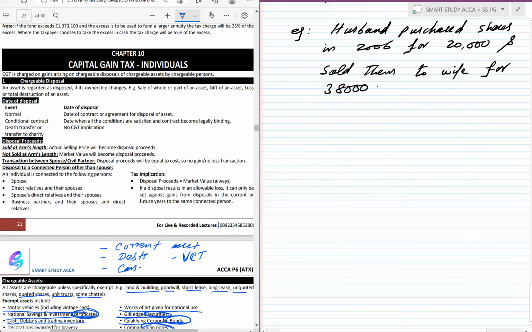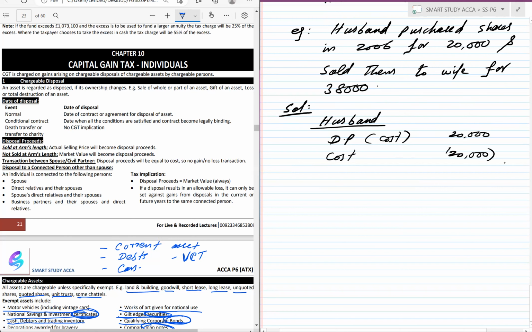Even though the actual selling price is £38,000, because it is a transaction between husband and wife, for the husband, disposal proceeds will be your cost, £20,000.